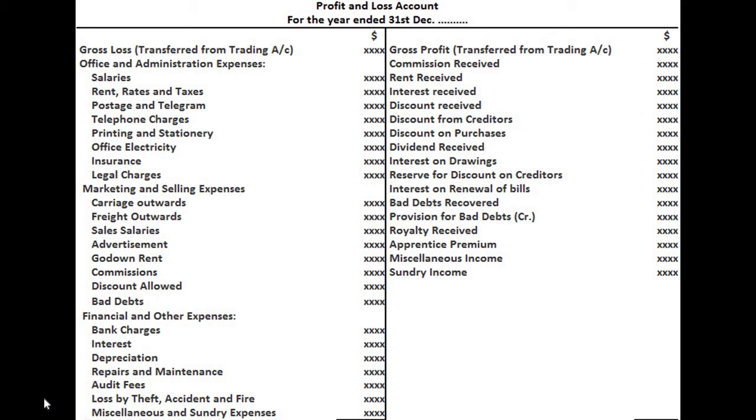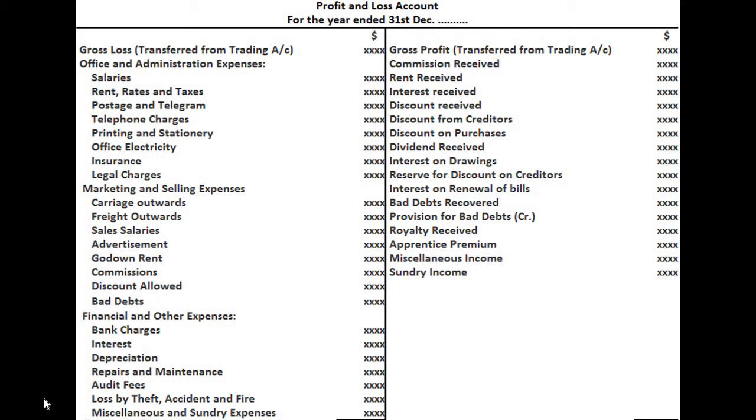And the next one, we are going to see the items appearing on the credit side of the profit and loss account. On this credit side, we have operating income and non-operating income. Operating income is related to the income earned from the operation of business, like interest received, commission received, discount received, discount on purchases, dividend received.